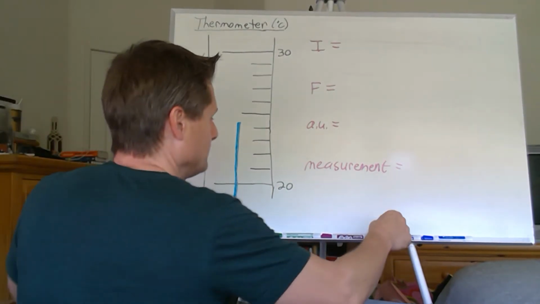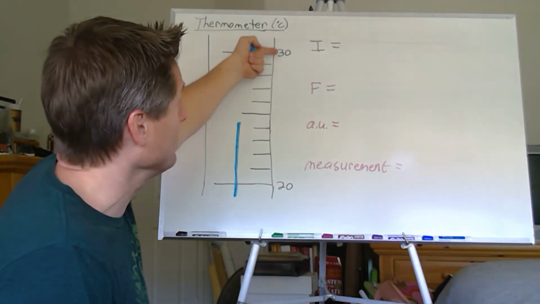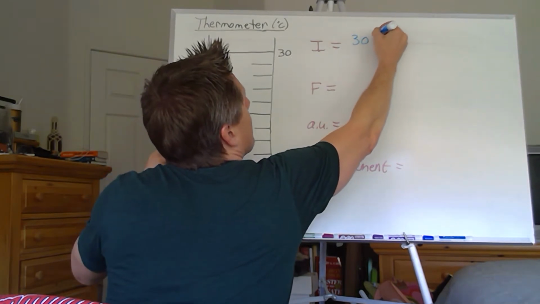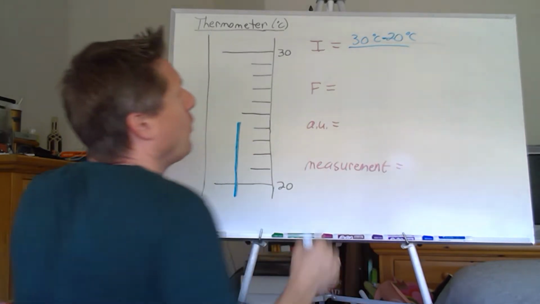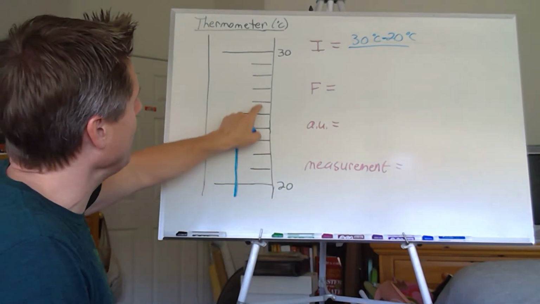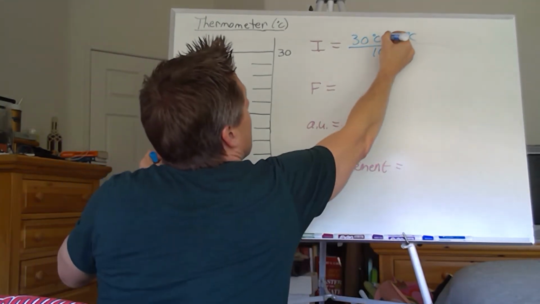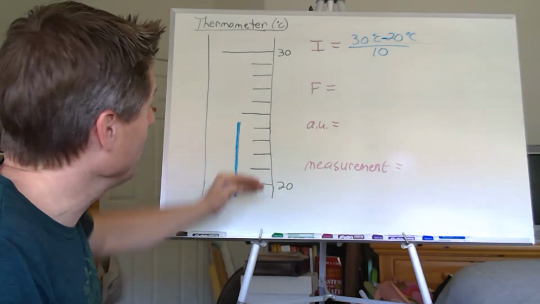Let's do it. All right, increment, you can probably eyeball, but let's calculate it. Let's pick any 2 things. Let's take 30 and 20. So let's take 30 degrees Celsius minus 20, divided by 1, 2, 3, 4, 5, 6, 7, 8, 9, 10. Take the difference between any 2 values on the measuring device and divide by the number of increments between them.